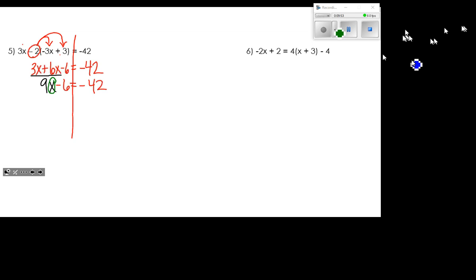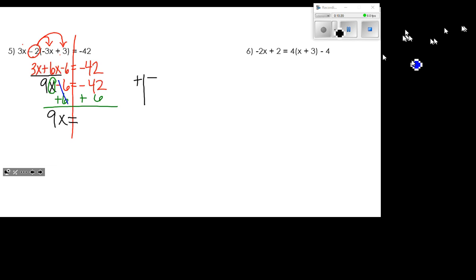So I'm going to get rid of minus 6. The inverse operation for minus 6 is plus 6. So I'm going to do that to both sides to keep it balanced. And let's cancel plus 6 and minus 6. Bring down the 9x. And we have negative 42 plus 6.